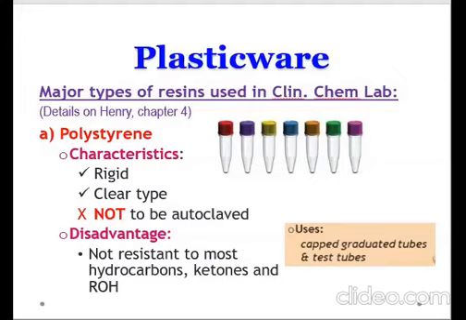Specifically dun sa microbiology na topic. So your polystyrene po should not be autoclaved. Disadvantage po ng type na ito, it is not resistant to most hydrocarbons, ketones, and alcohol. And your polystyrene tubes, they crack and splinter when crushed.